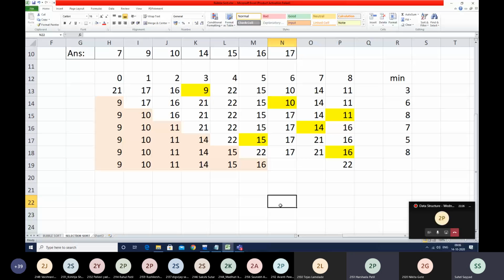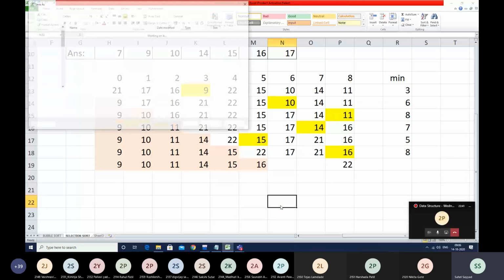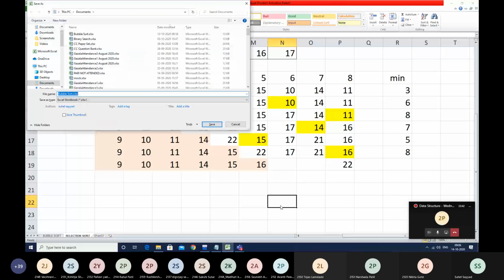So you tell me the answer. We are now in the 7th step. You have solved the numerical in your notebook, right? Yes, sir. So in the 7th iteration, what is your min? 17. In the 7th iteration, what is the value of min? It is 6.